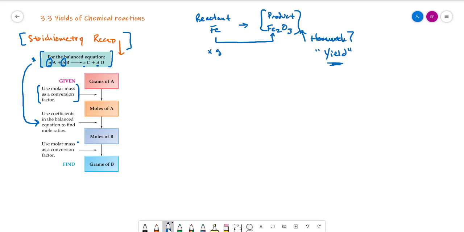And so if this feels foreign to you, jump back to video 3.2 and walk through that example. But we'll be doing this several times in this video when we think about the reaction yield, or how much of the product we can produce.